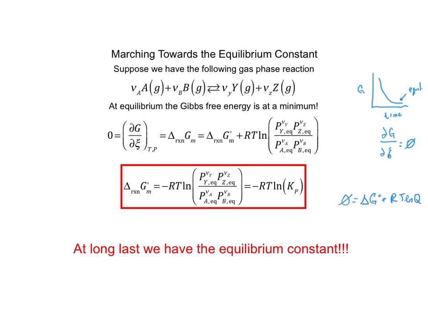And that allows us to rearrange and find that this delta G standard is equal to minus RT ln of now K. So at equilibrium, this Q expression is equal to K. And so we can replace Q in this expression, and we get that delta G standard is equal to minus RT ln K, where K is what we call the equilibrium constant.